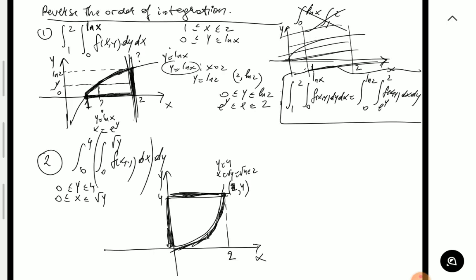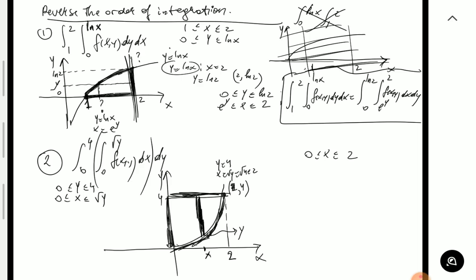Now, if I want it in reverse as a type 1 domain, again, I'm going to start with x on the outside between 0 and 2. And then for a given x, I'm supposed to compute the bounds for y in terms of x. So get y in terms of x from the curve, from x equals root y.